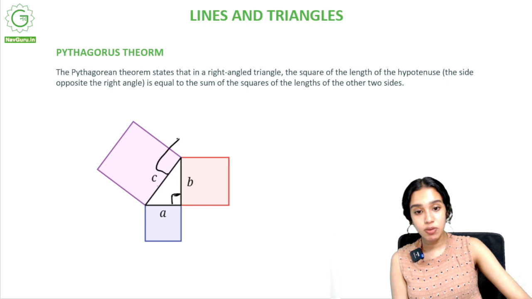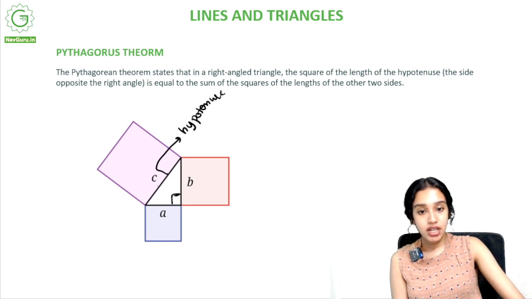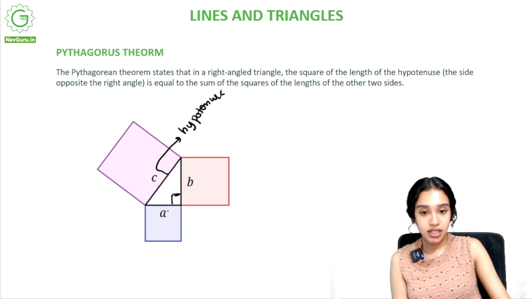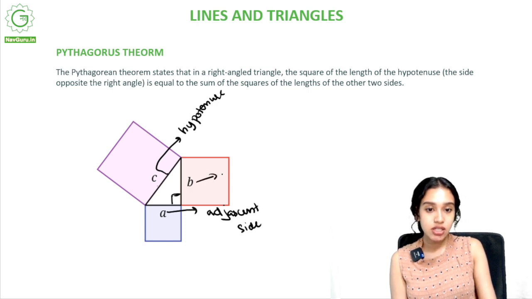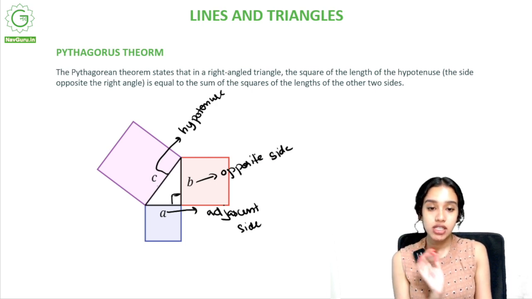The side which is opposite to the right angle is called the hypotenuse. Now if I'm considering an angle here, A is the adjacent side, right, and B is the opposite side, right?